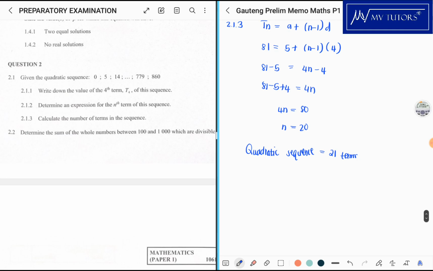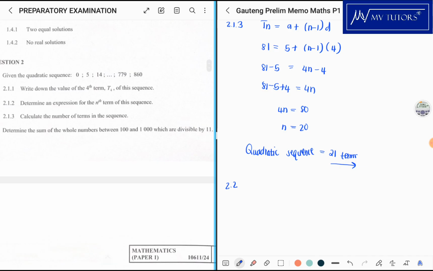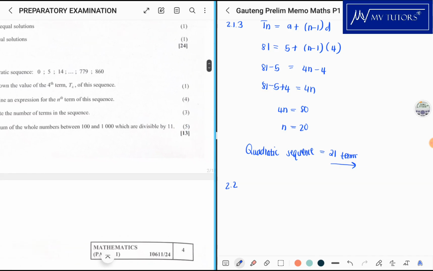That was a very quick check, but you can use the quadratic formula in order to solve. All right, and then now let's go to 2.2. It says, determine the sum of the whole numbers between 100 and 1,000 which are divisible by 11. Oh my gosh, okay. So from 100, there are many terms here, all the way to 1,000.